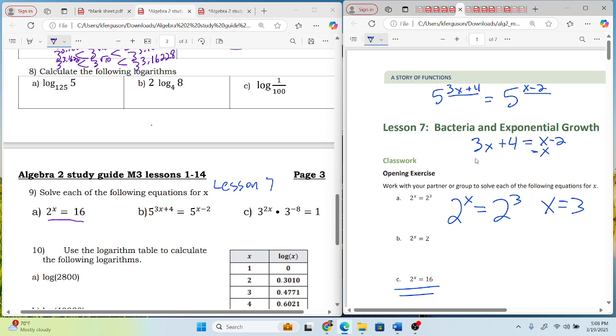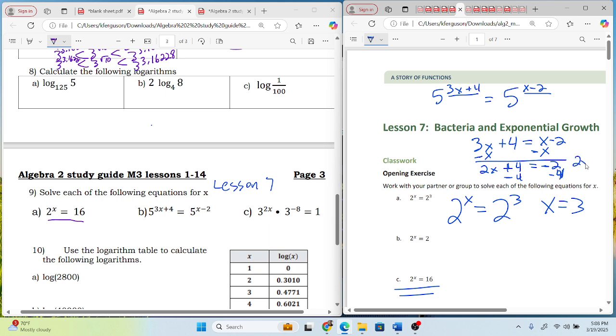So 3x plus 4 equals x minus 2. I'm going to subtract x from both sides. That's going to give me 2x plus 4 equals negative 2. Then I'm going to subtract, sorry, we're going to subtract 4 from both sides. So minus 4 from this side, minus 4 from this side. That's not a 9, that's a 4.